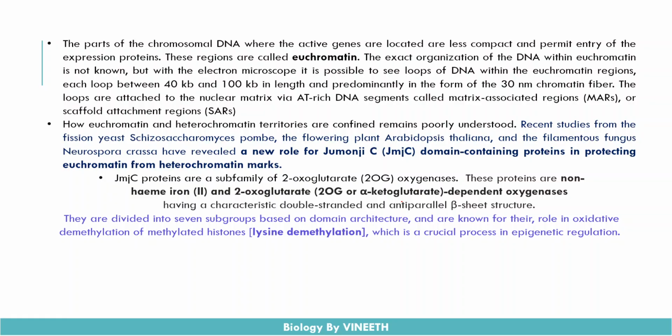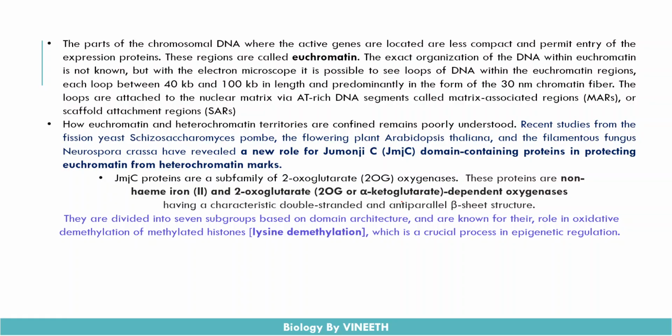Okay, so these Jumanji proteins, or JMJC proteins, are a subfamily of the 2-oxoglutarate oxygenases. These proteins are non-heme iron or 2-oxoglutarate dependent oxygenases, and they have a characteristic antiparallel beta sheet structure. This beta sheet you can call a super secondary structure or a specific motif.